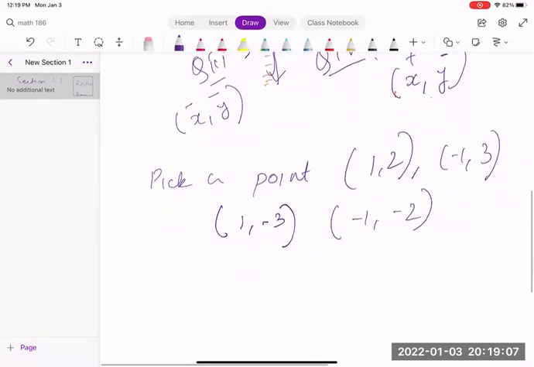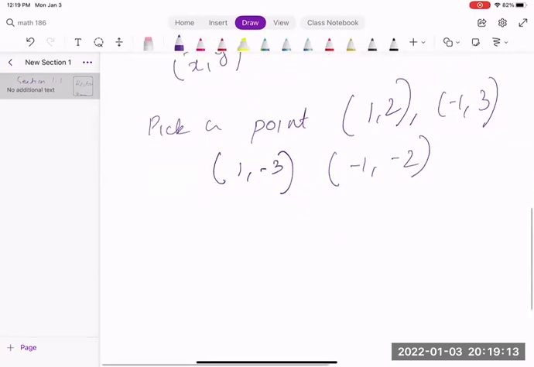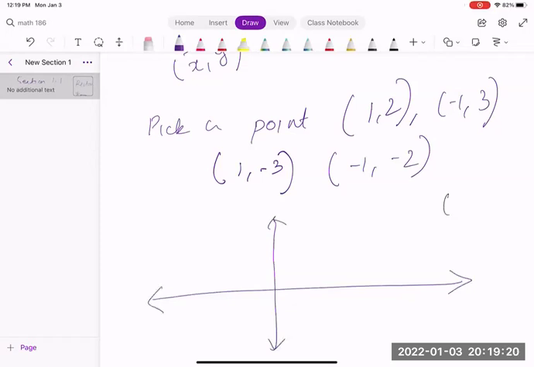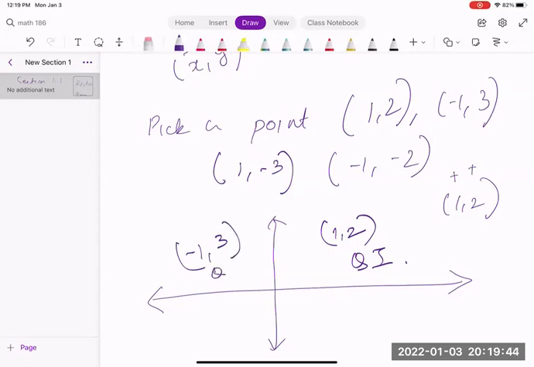Now, when you pick these points, I want to know where these points are situated in your coordinate plane. For the first point, (1, 2), both x and y are positive, so (1, 2) is situated in quadrant 1. Next, the point (-1, 3) has -1 as x and +3 as y, so this is situated in quadrant 2.